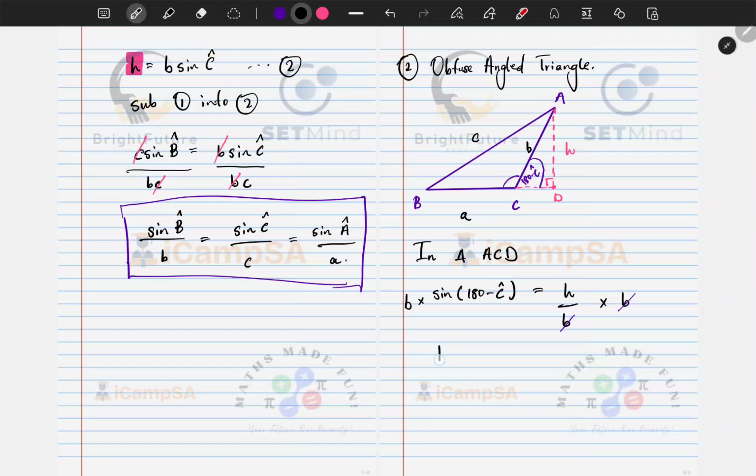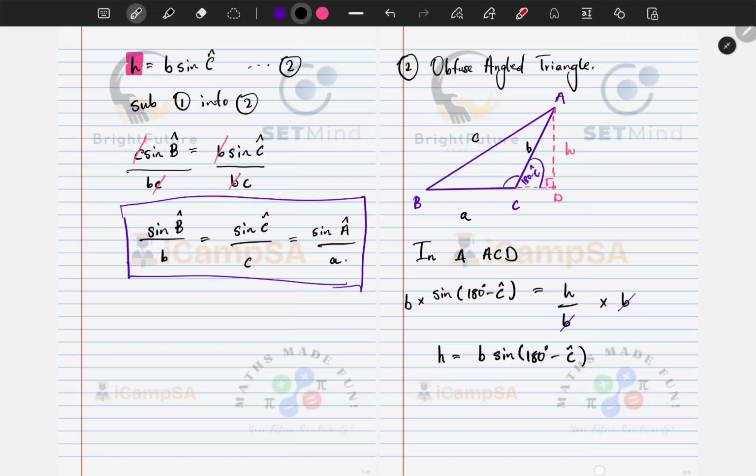Now I will have H equals B sine of 180 minus angle C. Remember your reduction formulas: the sine of 180 minus theta, or 180 minus any angle, is the sine of that angle.